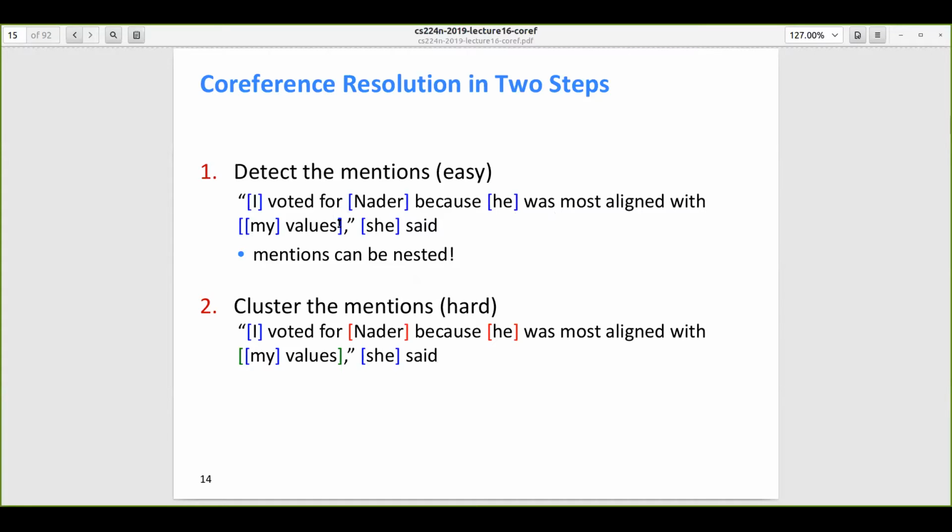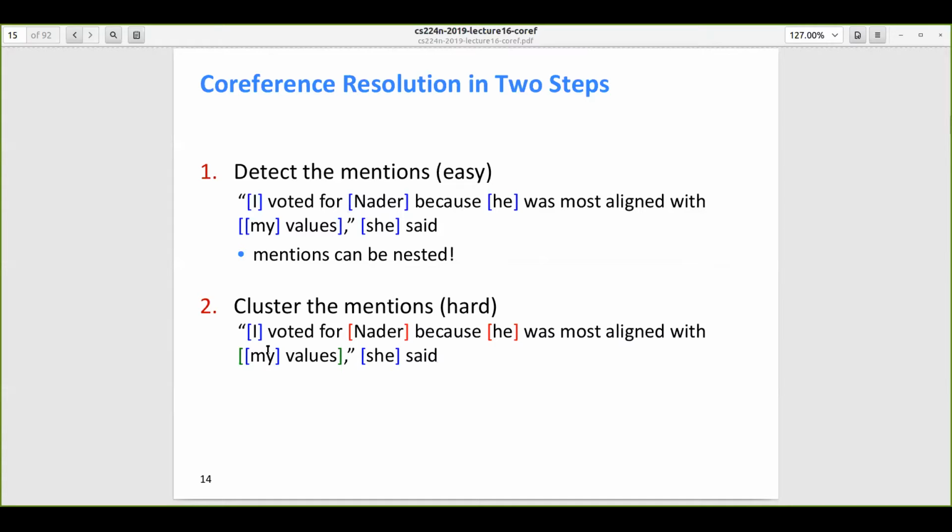So the first part is detecting the mentions, which is a comparatively easier task than clustering the mentions. So what exactly does clustering the mentions mean? Here, we have two words, Nader and he. By clustering the mentions, we are saying that these two words are correlated to each other.